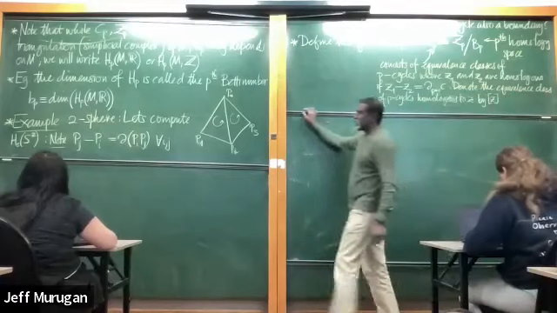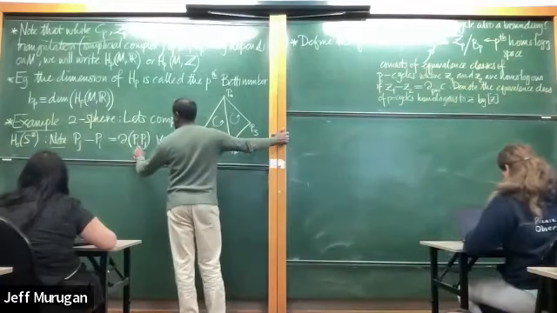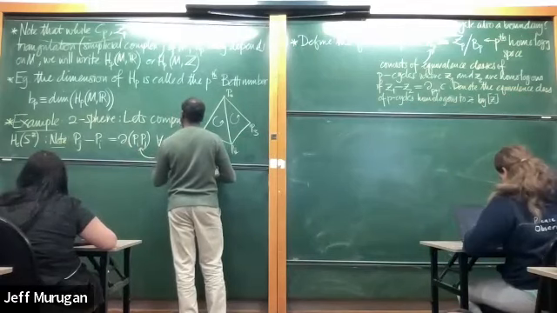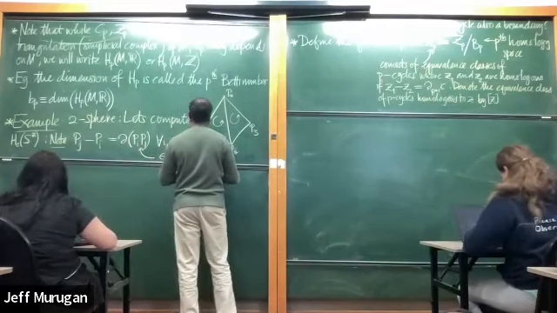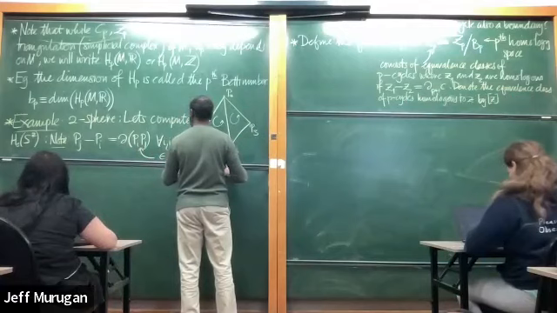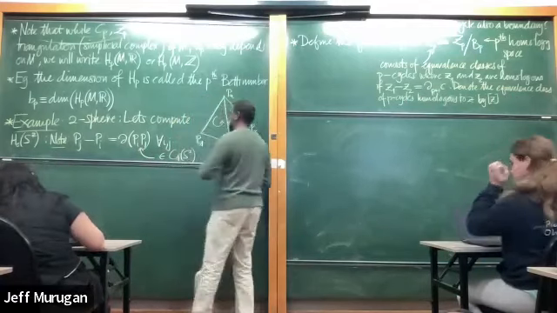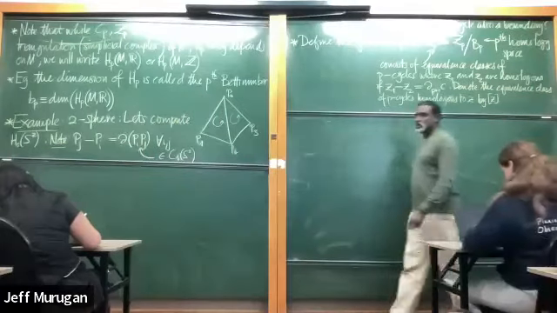Moreover, all of these PiPj are elements of C1. So they're all edges.